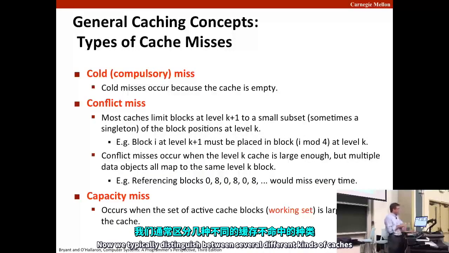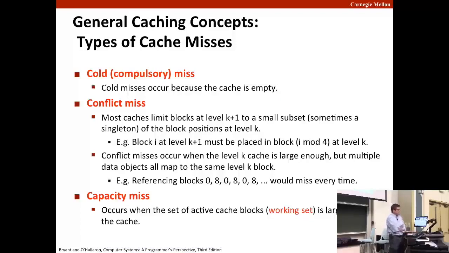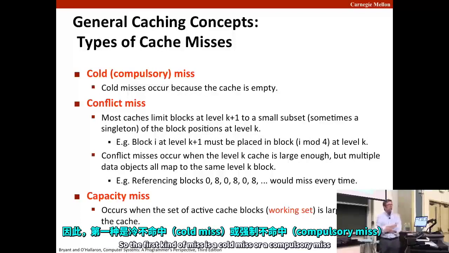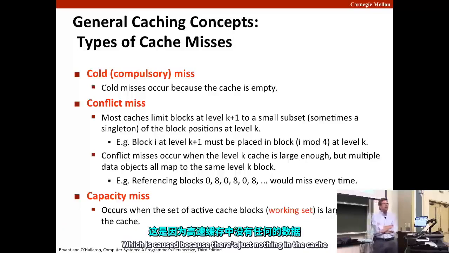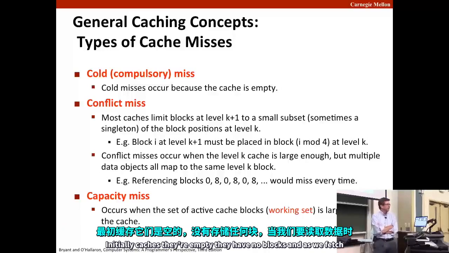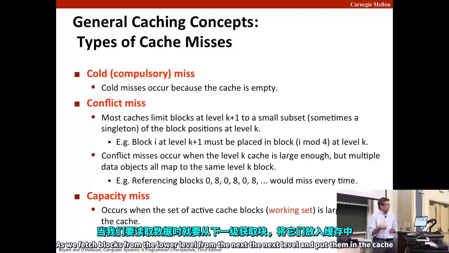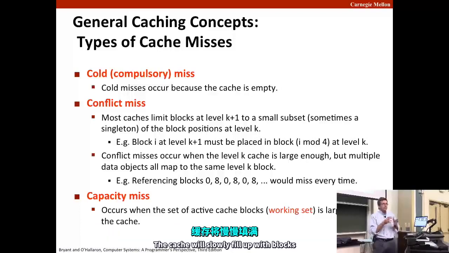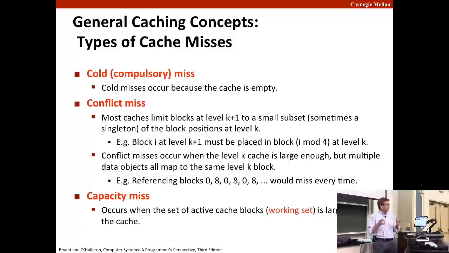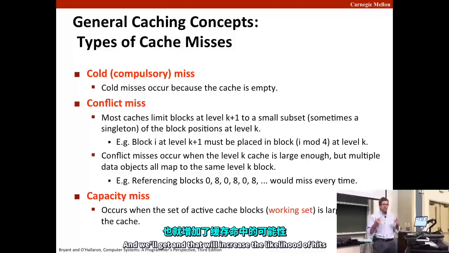Now we typically distinguish between several different kinds of misses. The first kind of miss is a cold miss, or a compulsory miss, which is caused because there's just nothing in the cache. Initially, caches are empty. They have no blocks. As we fetch blocks from the next level and put them in the cache, it will slowly fill up with blocks, and that'll increase the likelihood of hits.